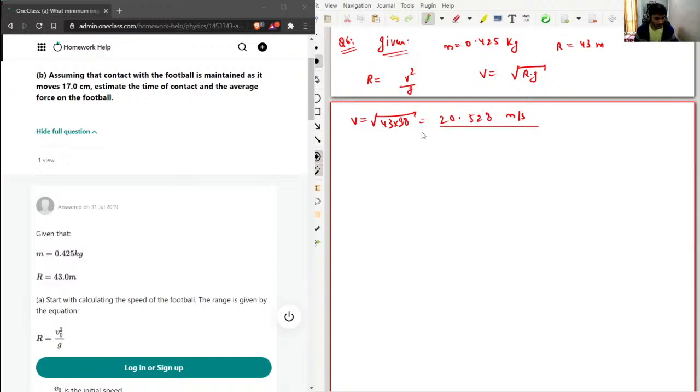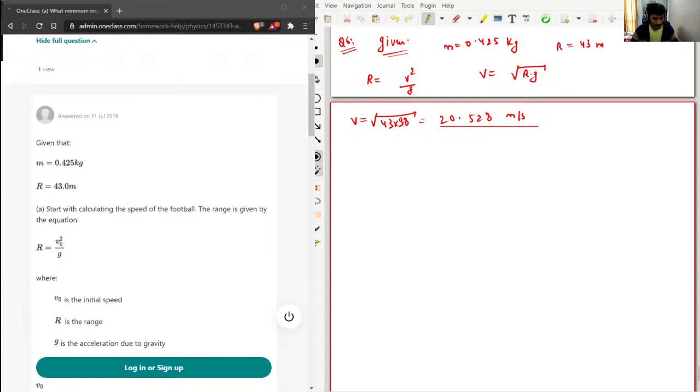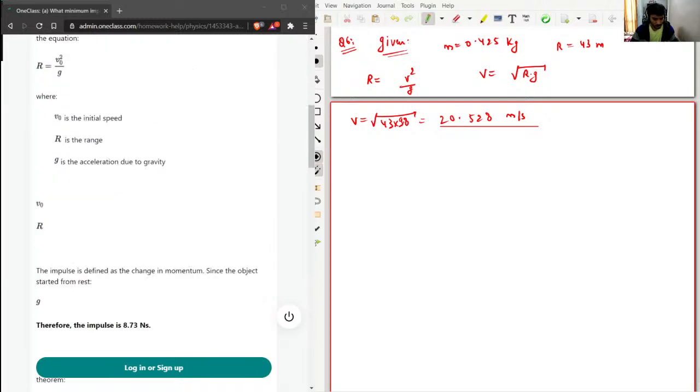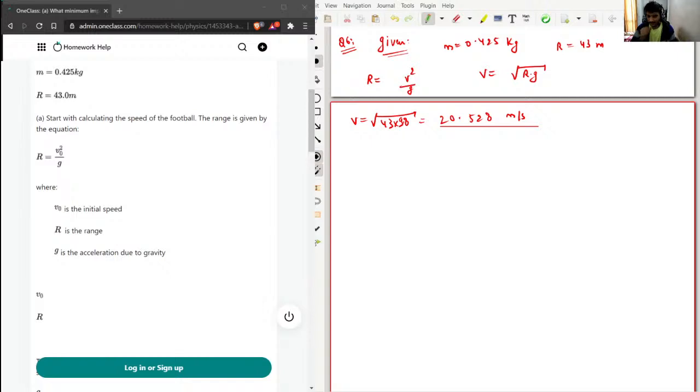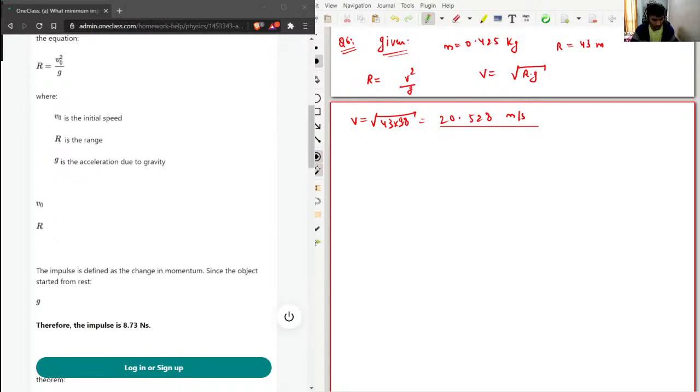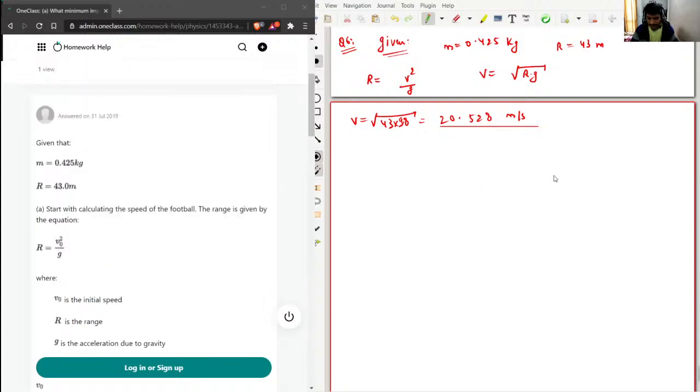Now what we'll do is we'll write the formula of impulse. The formula of impulse is nothing but mass into velocity. Sorry, force into time.